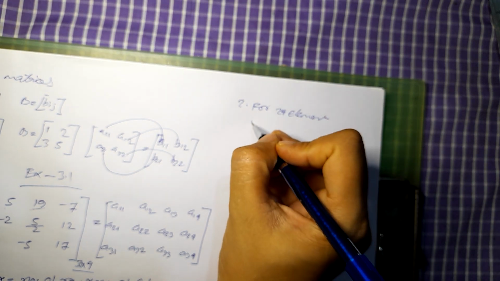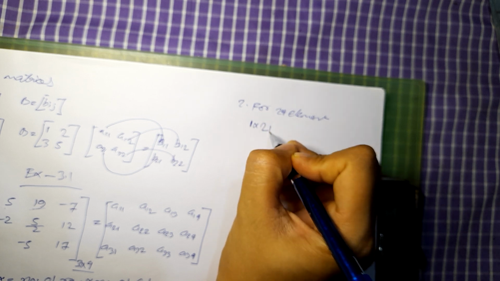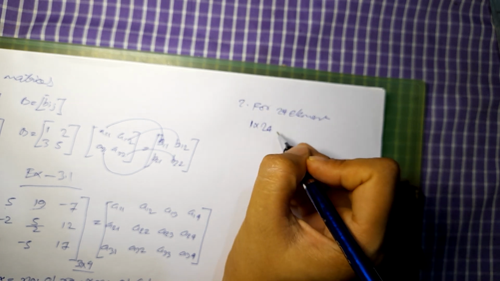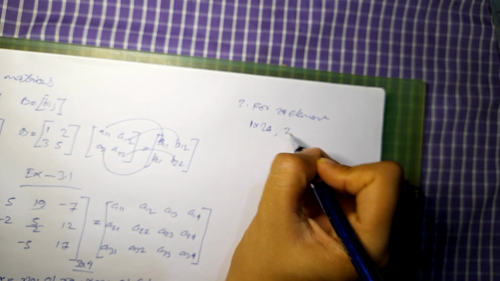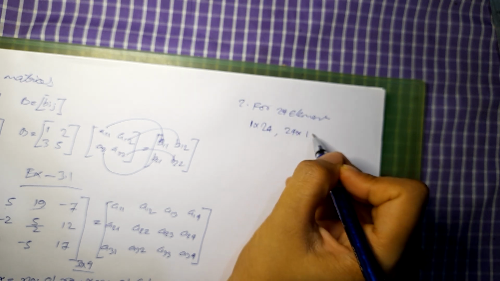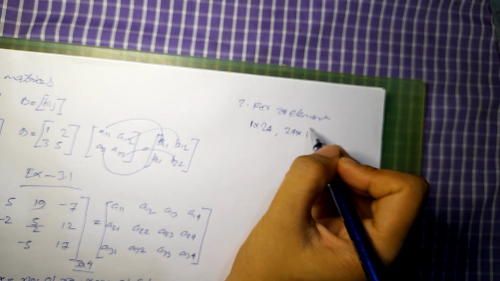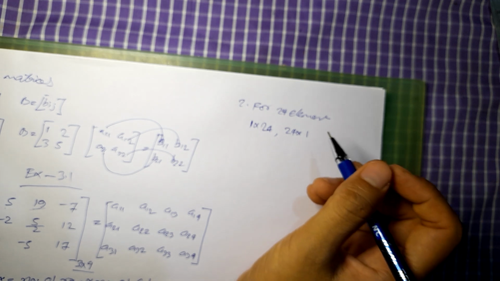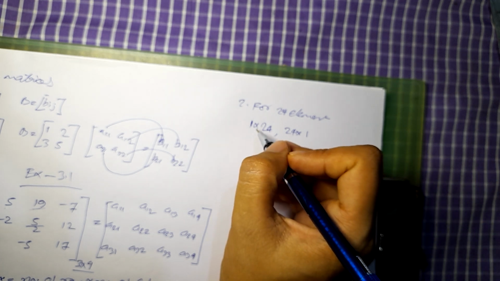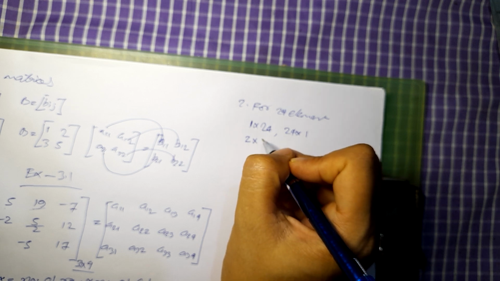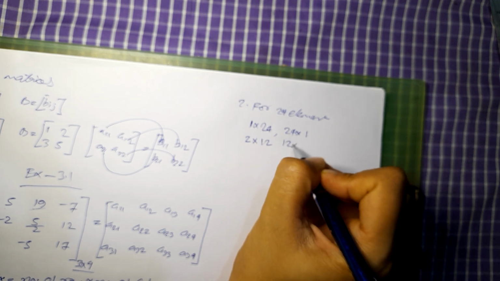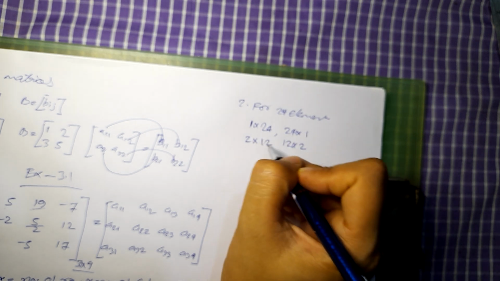1 into 24 means 1 row 24 columns, that is possible. There you get 24, and just reverse it, 24 into 1, so 24 rows 1 column, there also we get 24. Next, 12 into 2, and 2 into 12, this is also 24.